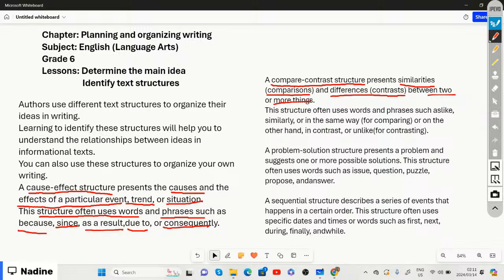This structure often uses words or phrases such as like, similarly, or in the same way for comparing, and on the other hand, in contrast, or unlike for contrasting.